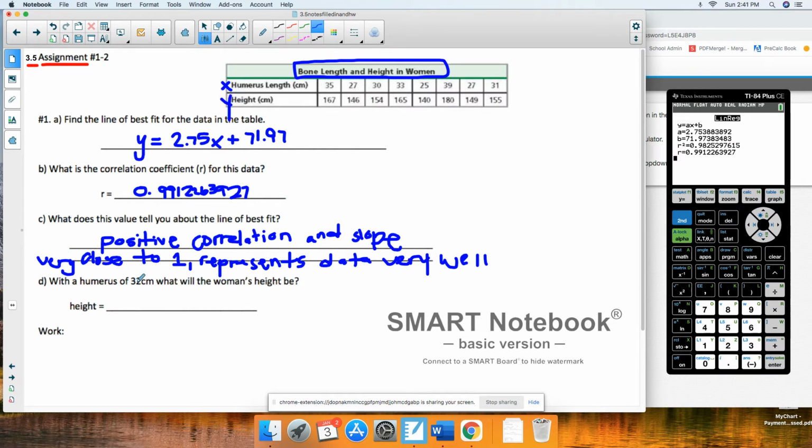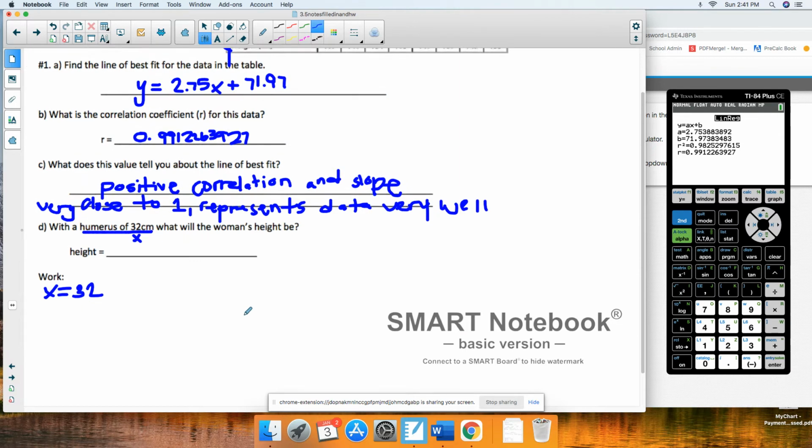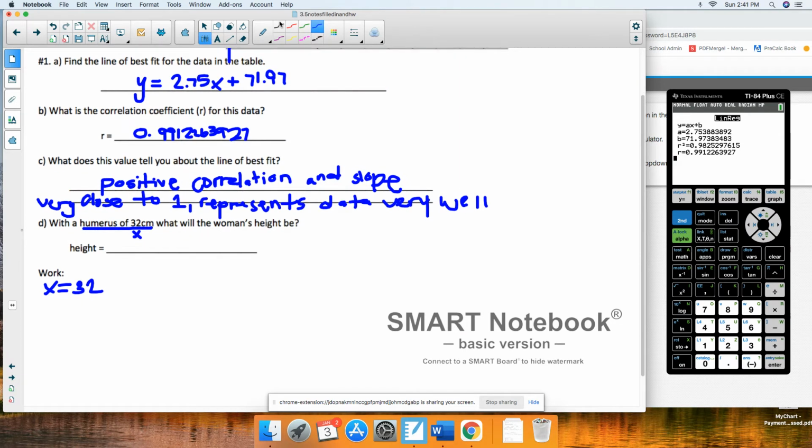And so notice that they're saying that the humerus is 32, which means the x is 32. I'll actually put this down here. So if the x is 32, what we're actually trying to find is the function that we've already talked about with a 32 plugged into it instead of an x.